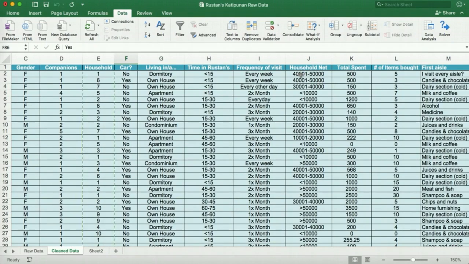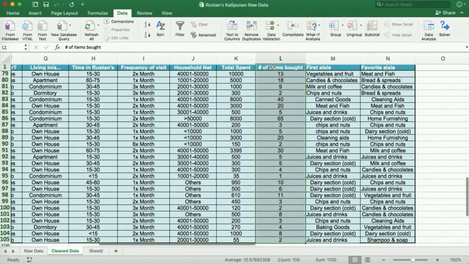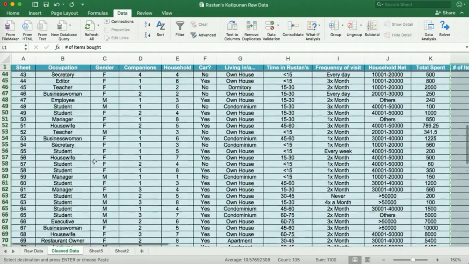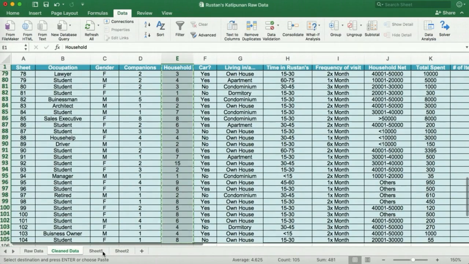Now, I'll test another pair of variables in order to perform and demonstrate simple linear regression. So instead of looking at total amount spent, I'll now consider number of items bought as my dependent variable. So I'll copy that and paste that in another worksheet. And then now I'll use the same independent variable, which is the number of people in the household.